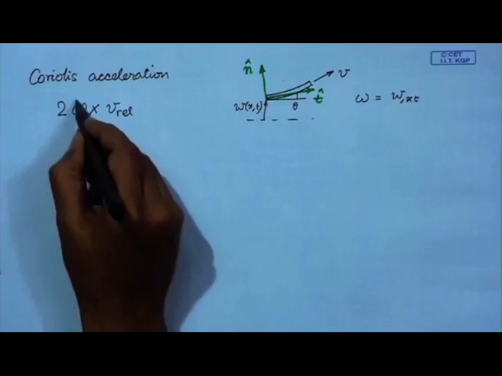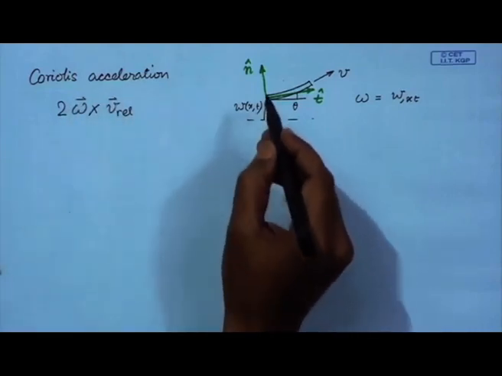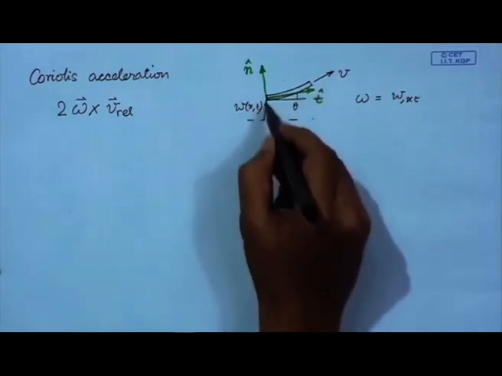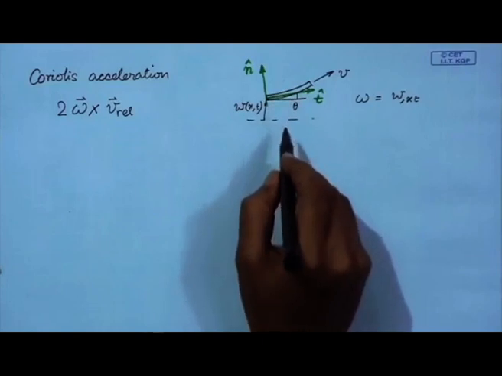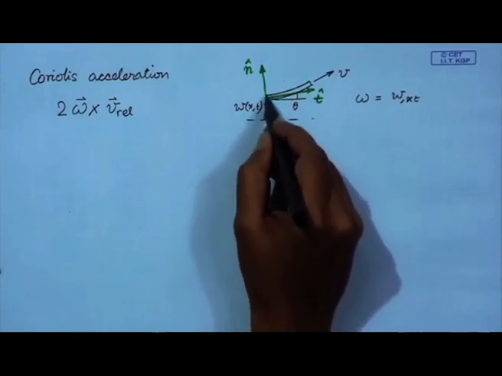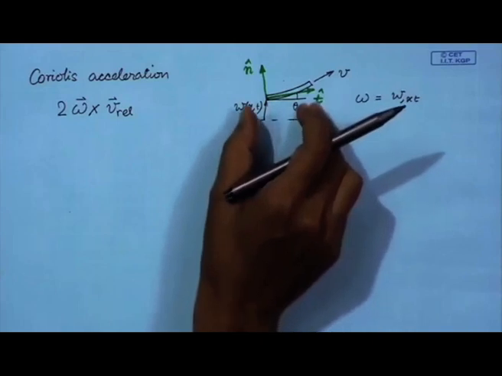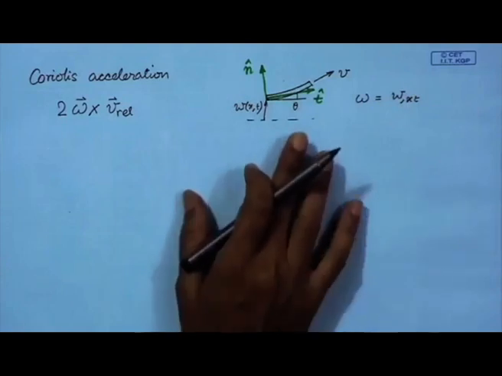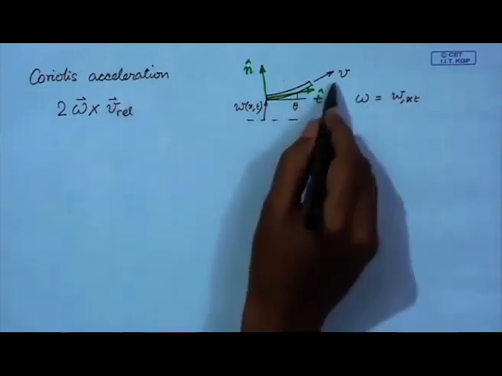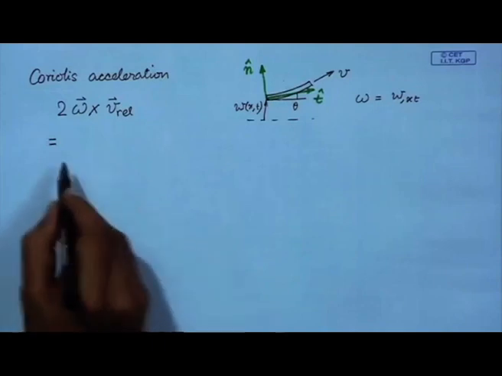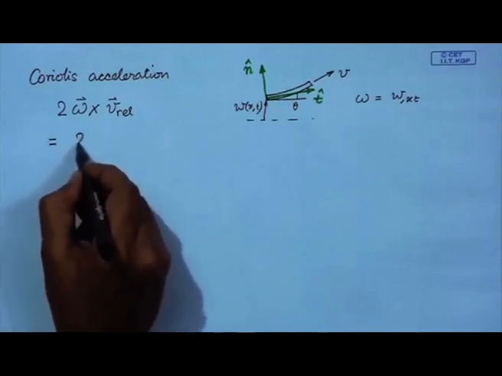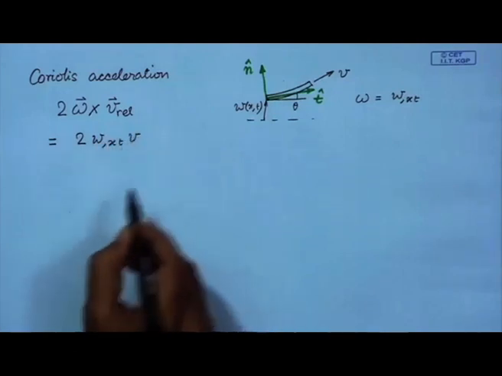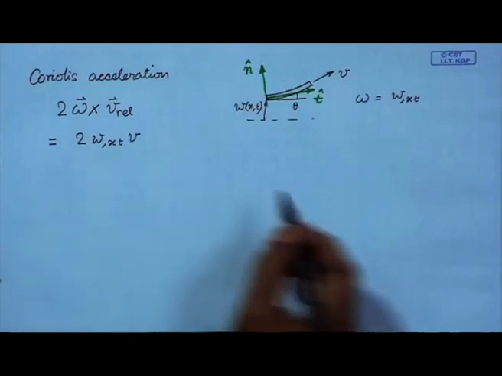So, omega is a vector which is perpendicular to the plane of this paper, and V rel, the relative velocity with respect to this frame, which is at a location x. So, this frame is only giving the orientation, but it is located at x, it is not moving with the string. So, relative velocity is nothing but v. So, if you calculate the Coriolis acceleration, then it is 2, and this is the term we find in the equation of motion.